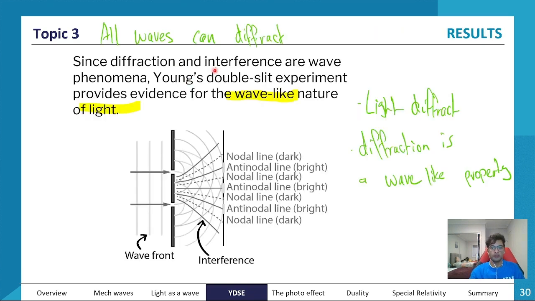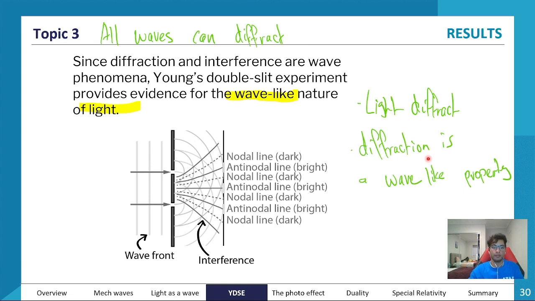If you're answering a question, the most common question with this is something along the lines of: what does Thomas Young's experiment show about the wave-like nature of light? And you would say something along the lines of: Thomas Young's experiment shows that light is diffracting, and diffraction is a wave-like property.